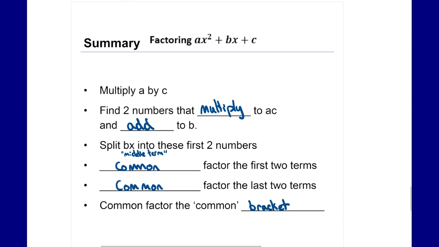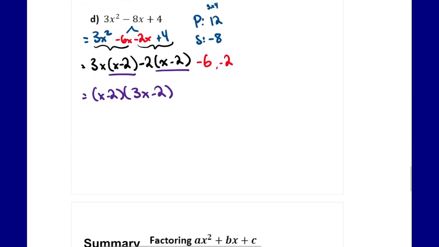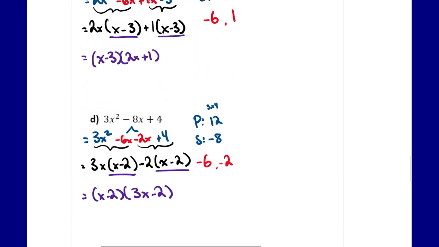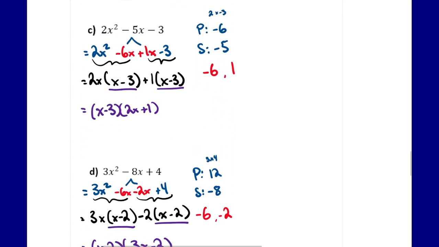So make sure you are comfortable with these steps. Make sure you can recognize when to use this new form of factoring for these trinomials. Now, if you remember from the last lesson of factoring simple trinomials, when a is 1, we did have some scenarios that looked like a complex trinomial, where the a value was not 1.